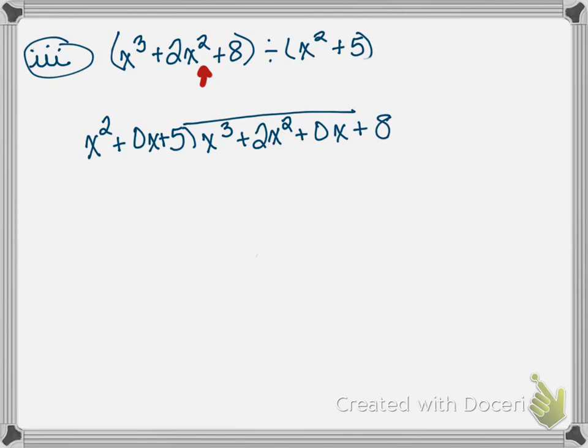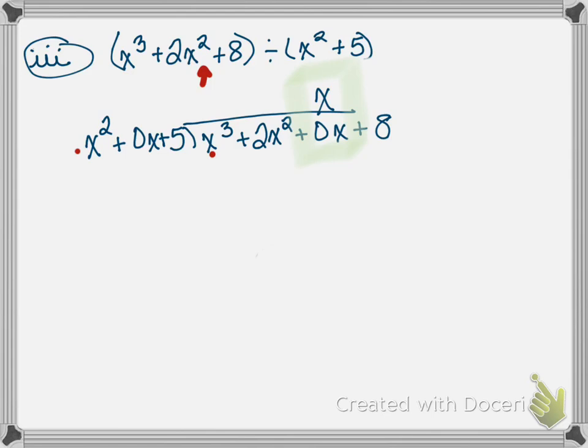Okay? Now, for this one, I ask myself, x squared times what gives me x to the third? And it's actually x. So x squared times x will give me x to the third. So I want you to see, I wrote that over the linear term. And it's kind of a place value thing.